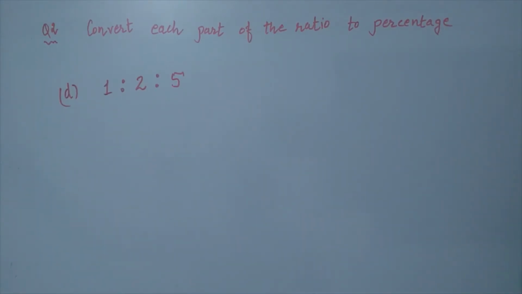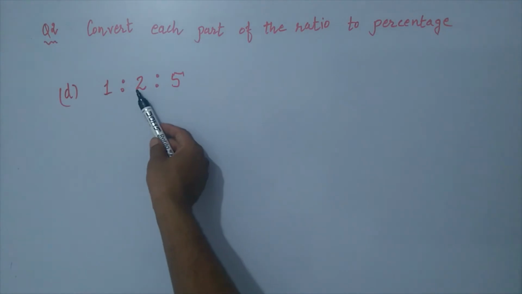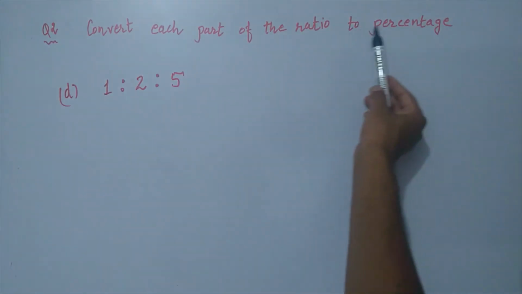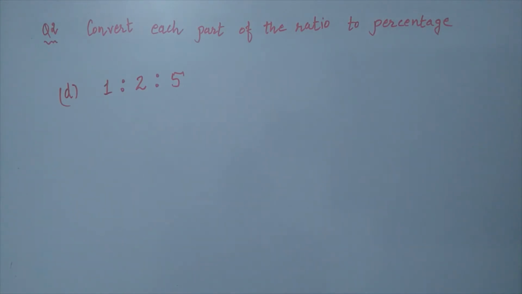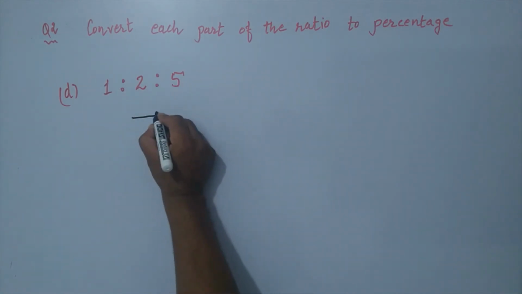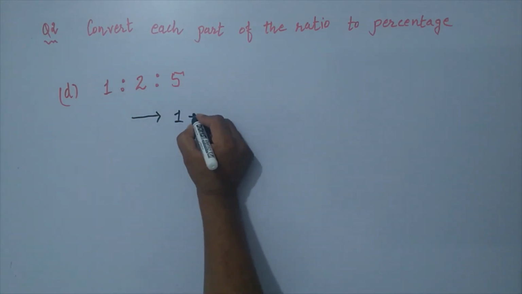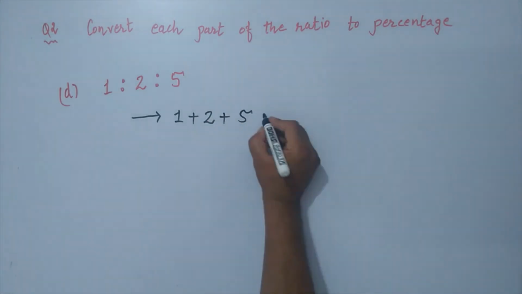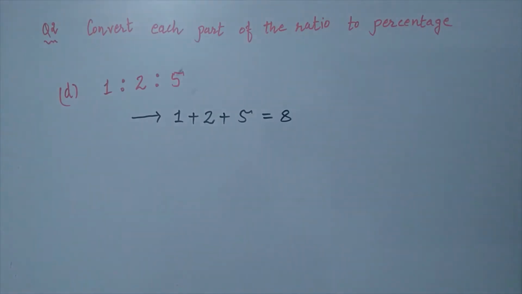Now taking D part, 1:2:5. Convert each part of the ratio to percentage. So what is the first task? We add these numbers in the ratio. That is, we have 1 plus 2 plus 5, which is equal to 8.